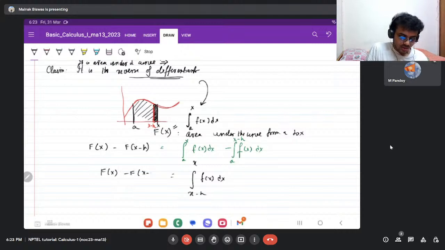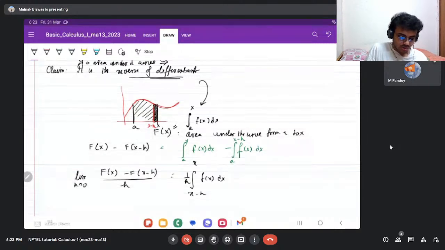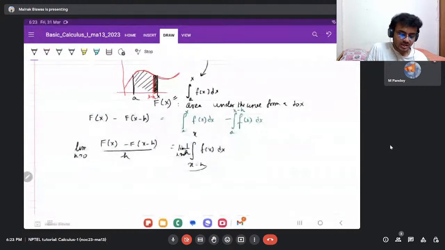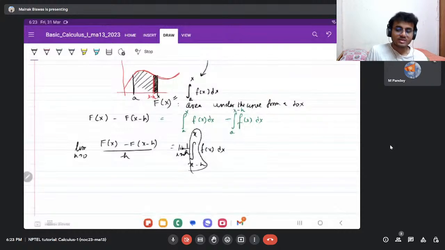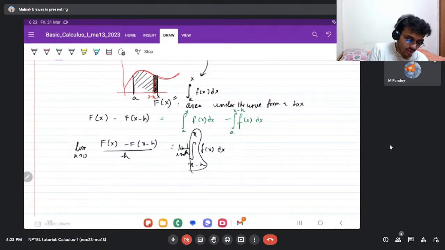Next, we divide both sides by h and set the limit h tends to 0. If the limit h tends to 0, you agree that these two points will be very close to one another, right? So your function will be a constant if it is a continuous function. Agreed?